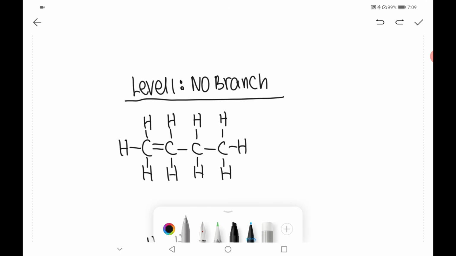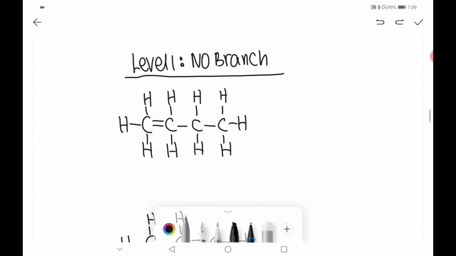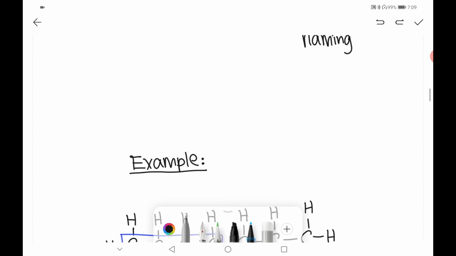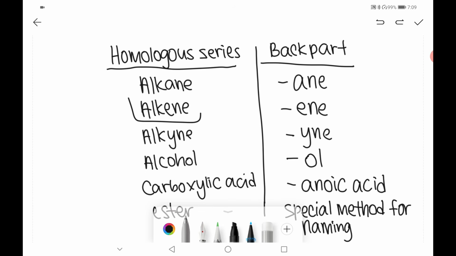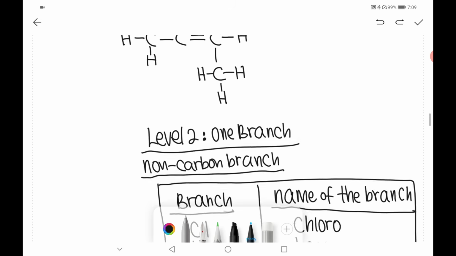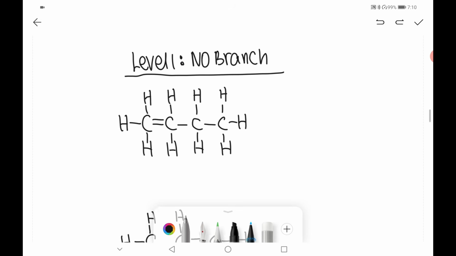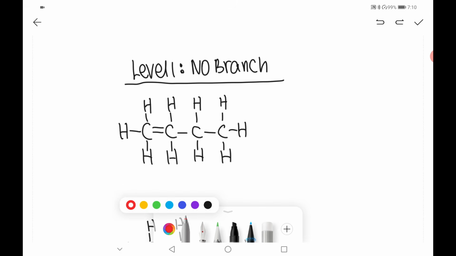Which homologous series is it? As you can see, there is a carbon-carbon double bond. So when you see a carbon-carbon double bond, you know that this substance is an alkene. And we learned before, if we have alkene, the name must end with in. So let's do it. This is alkene, so we let the name finish with in.